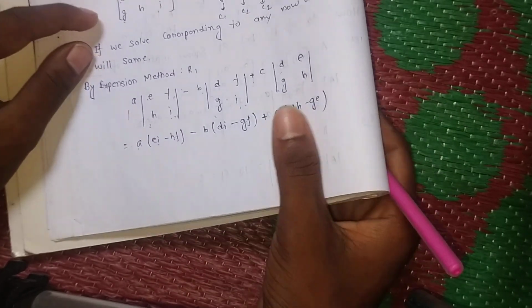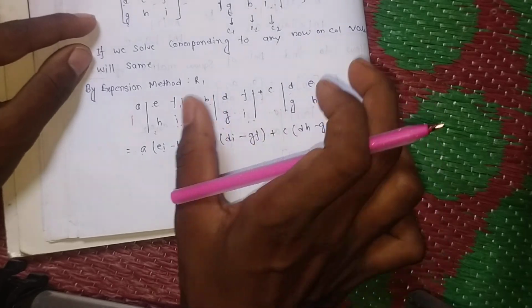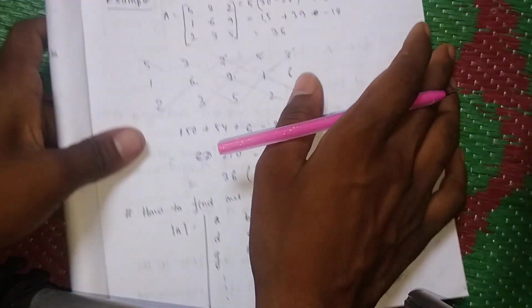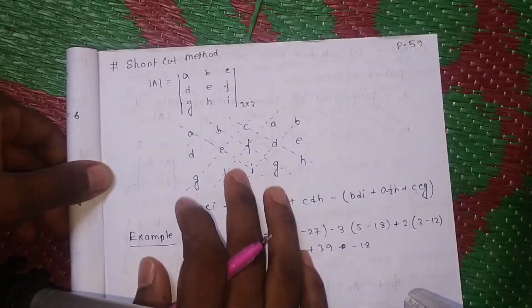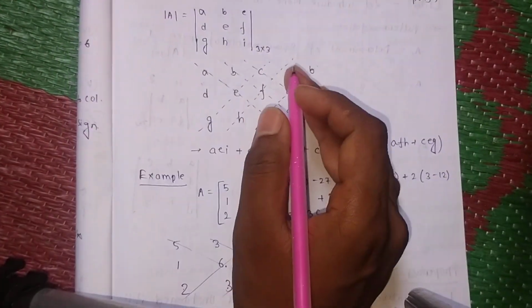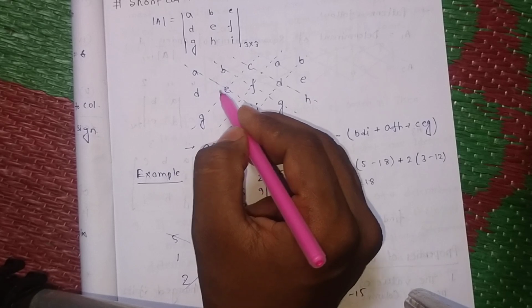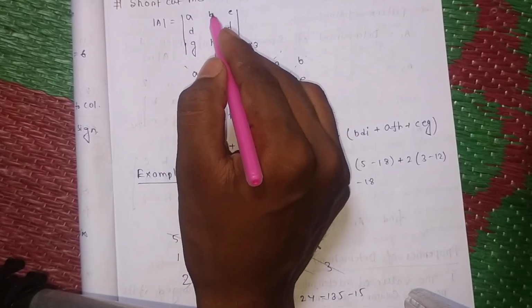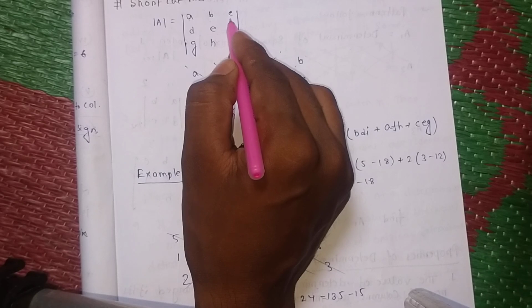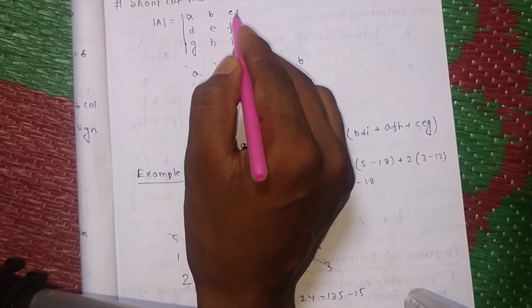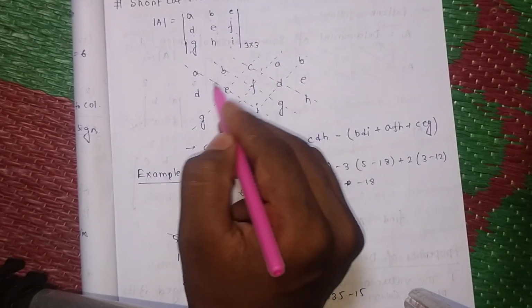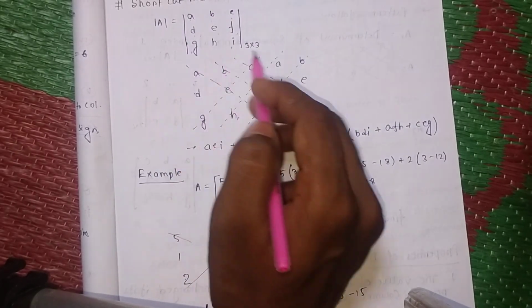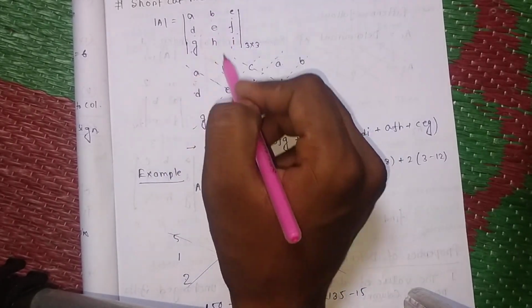But there is also a shortcut method to find the determinant of a 3 cross 3 matrix. First of all, write the matrix: a, b, c, d, e, f, g, h, i. Now again write the first two columns, that is a, d, g and b, e, h.